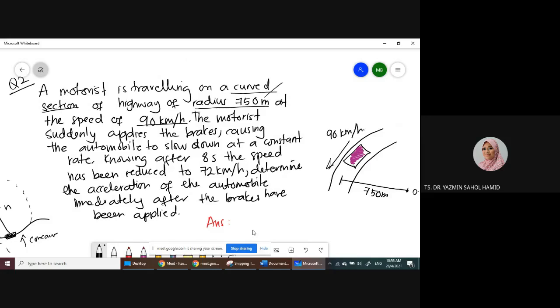So this one should be rho. When you get a question in 90 kilometer per hour, you need to change the unit to meter per second. How do you change 90 kilometer per hour to meter per second?